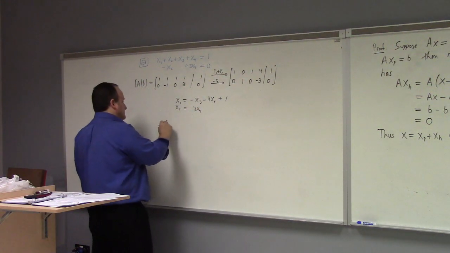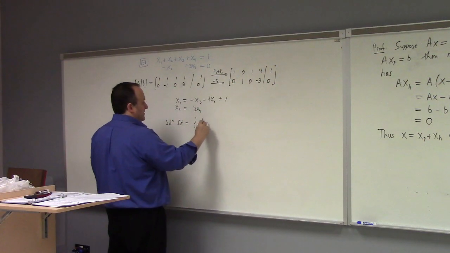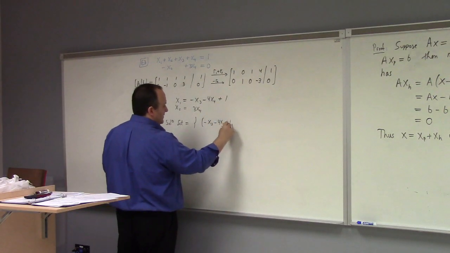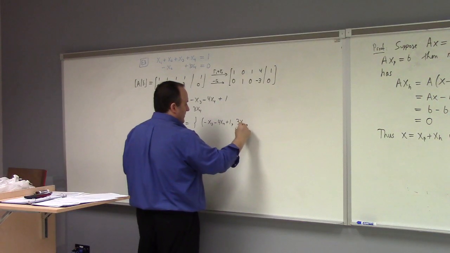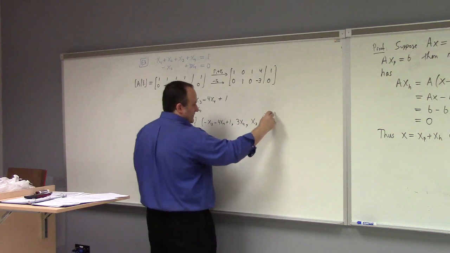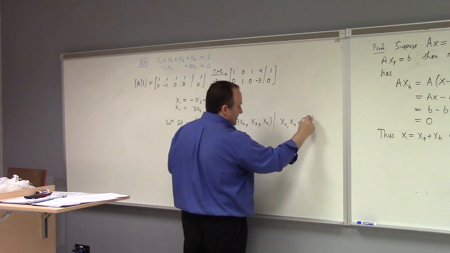So the solution set looks like (minus x3 minus 4x4 plus 1, 3x4, x3, x4) such that x3 and x4 are real. There you go.